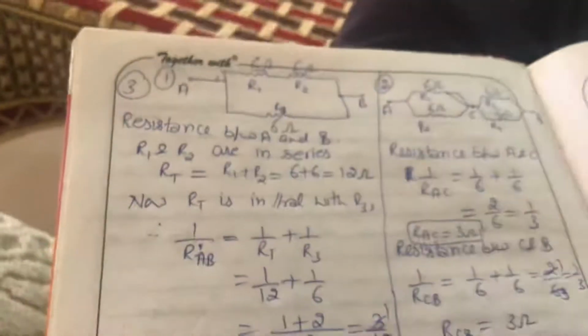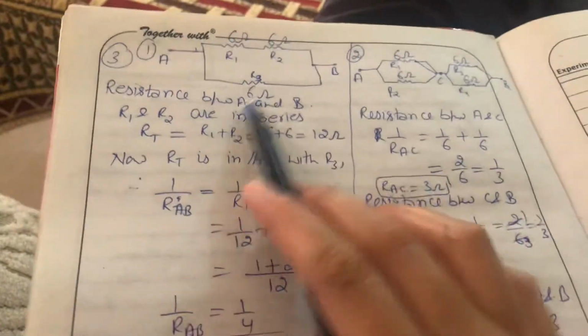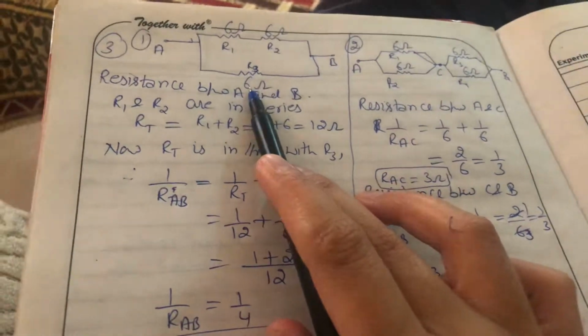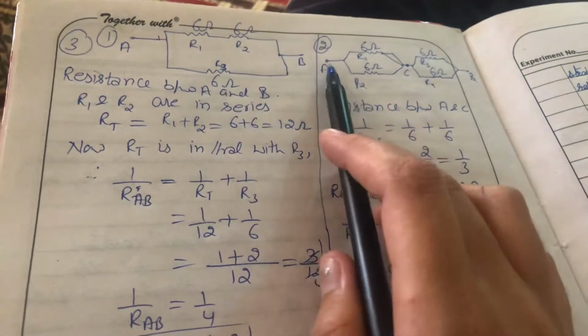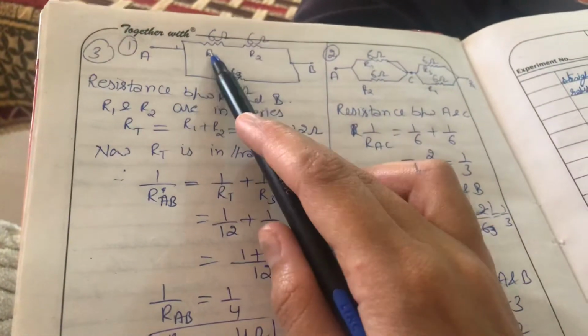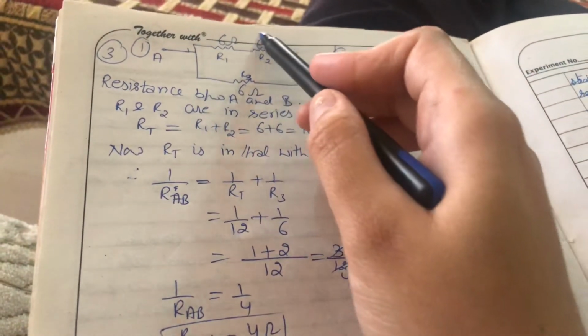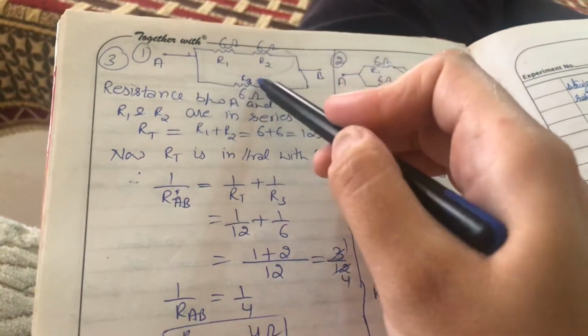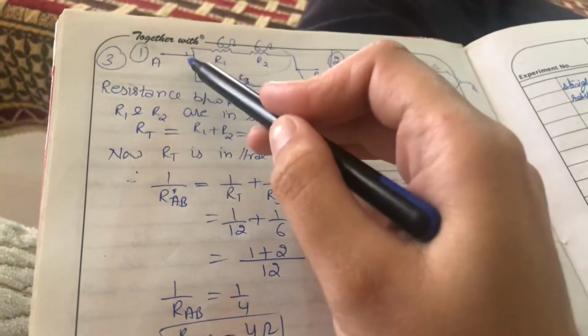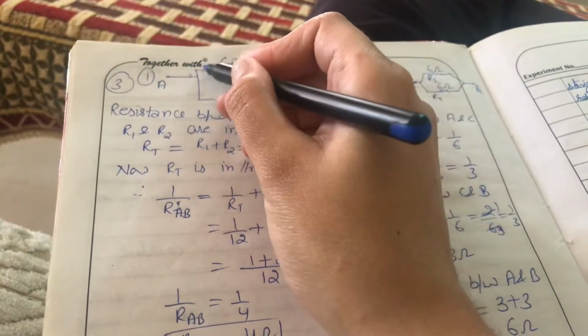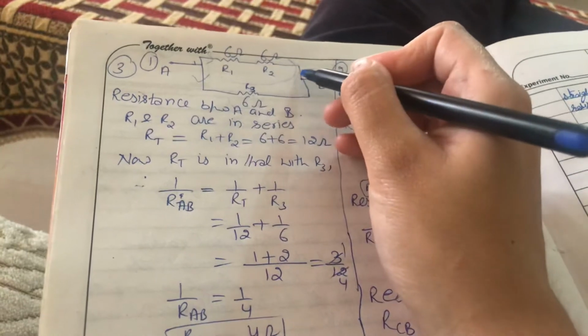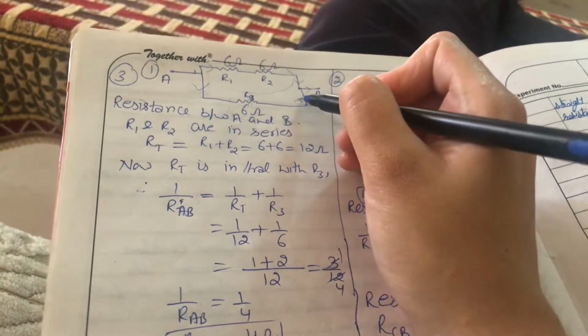To find the value you have to take an inverse of it. Okay. And the next, third one, is you have 2 circuits in which you have to find the total resistance between A and B. Here A and B and here A and B. Firstly, here you have 2 resistances in series, obviously, but this and this one will be in parallel, because here they are dividing differently and again they are joining here.